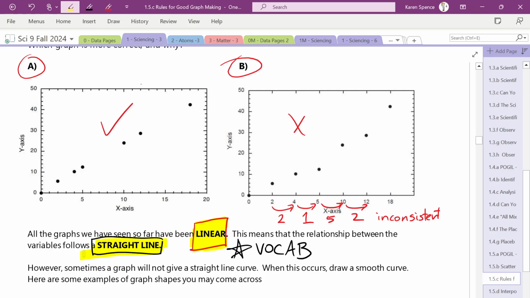So all of the graphs we have done so far, have they been linear or not linear? They've been linear. We can draw a straight line. Okay, so we could draw a straight line here. We could even, assuming this was a good graph on the left, on the right, we could draw a straight line there.